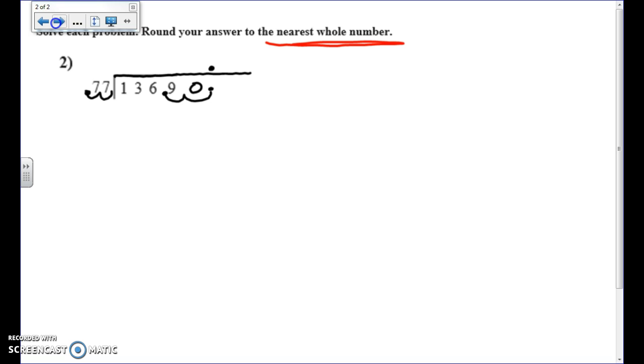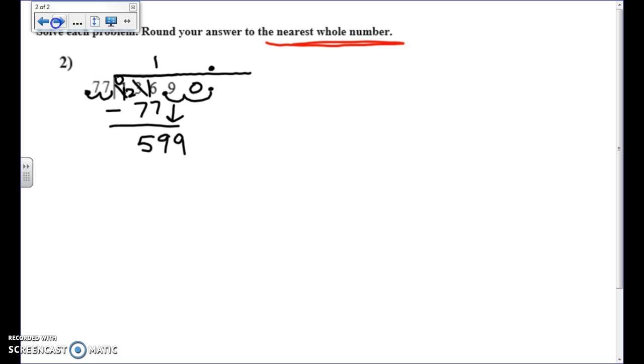So I'm going to go ahead and start, and I know that 77 fits into 136. Not quite 2 will fit, so I'm going to go ahead and subtract like I've been doing all along. And it's the same process as before, so we're going to go just a little bit faster. Now when I think about 77 into 599, I know that that's not very easy mental math.